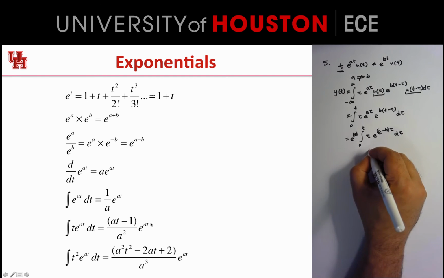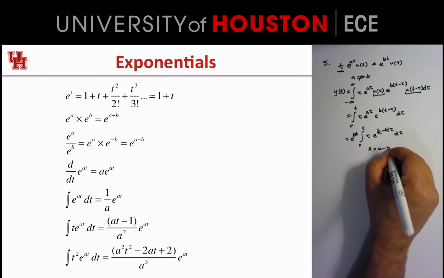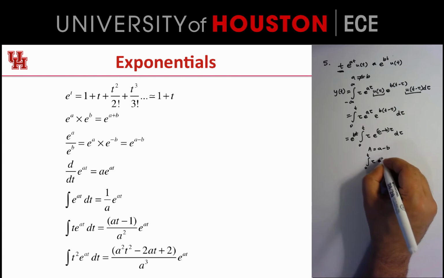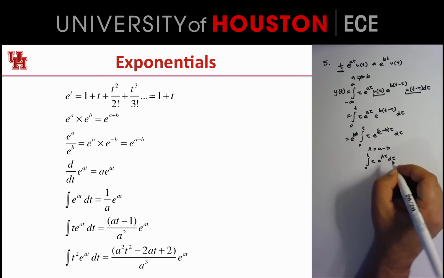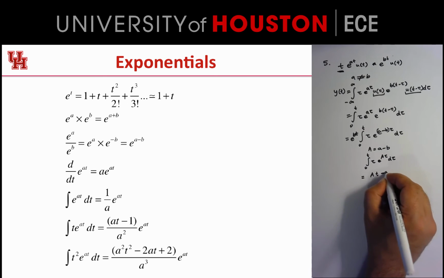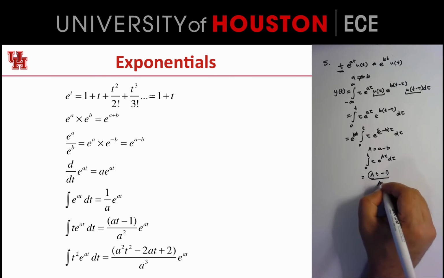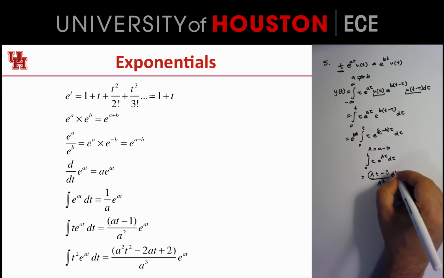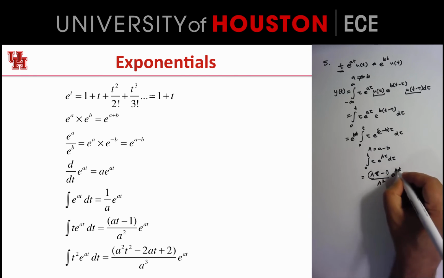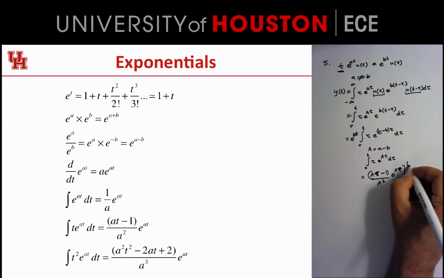Suppose I set a equals a minus b, then this integral looks like the integral from 0 to t of tau e to the a tau d tau, and this is given by (a tau minus 1) over a squared, times e to the a tau. Then I have to apply the limits from 0 to t.